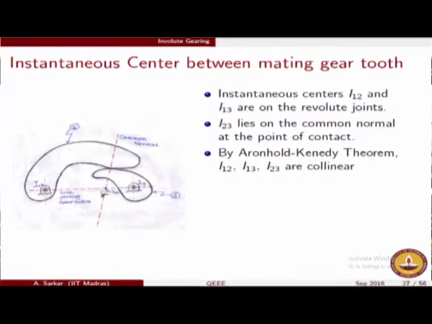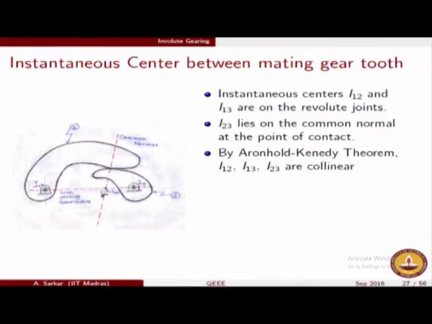The intersection, as you can see, is what is shown as the point P or point I23. So the point of intersection between the line joining the gear centers, which is the revolute joints, and the common normal is the instantaneous center between body 2 and body 3, and that is denoted as I23 or P. We will see the importance of P.